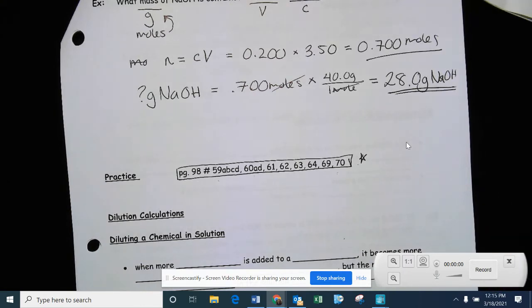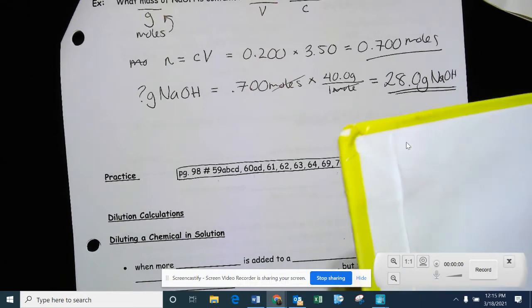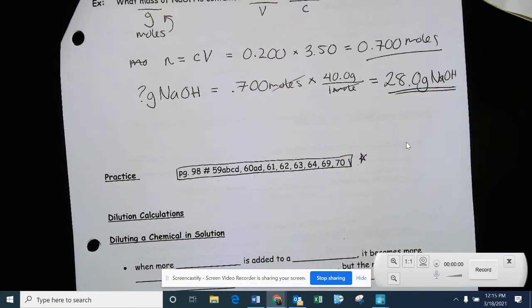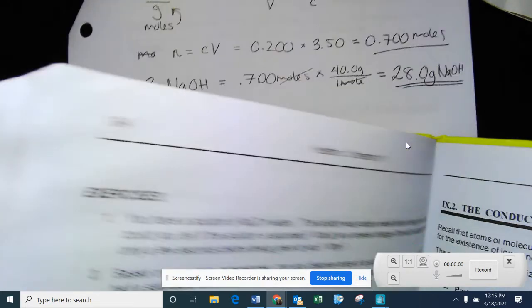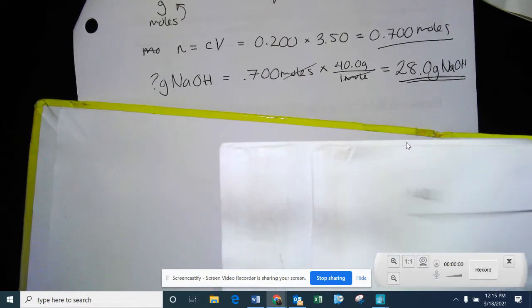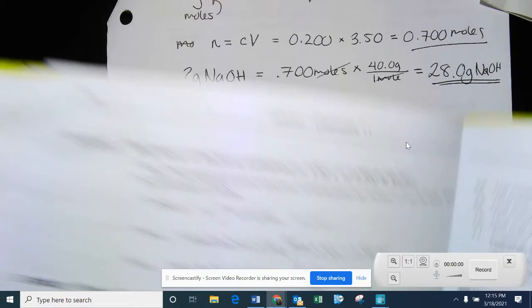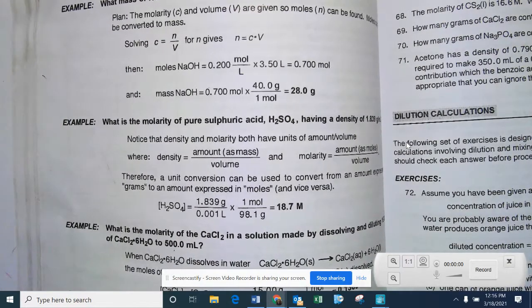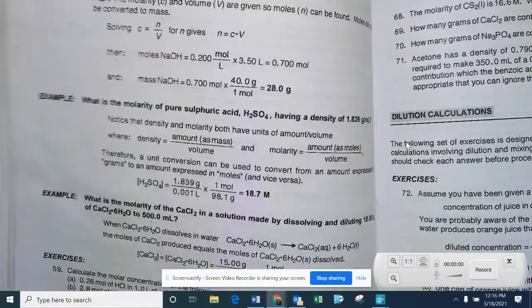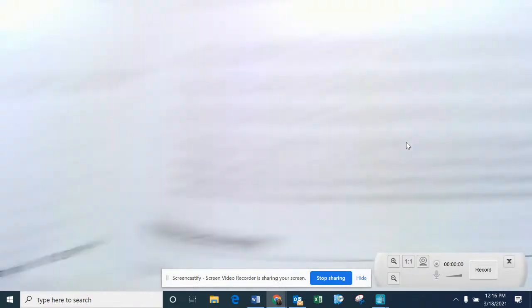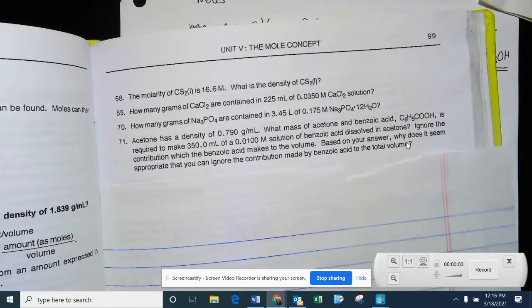Did everybody else get to number 70? Okay. So we are on page 98. Question number 70. And I'll grab a different piece of paper to write this on. Okay, so question 70.